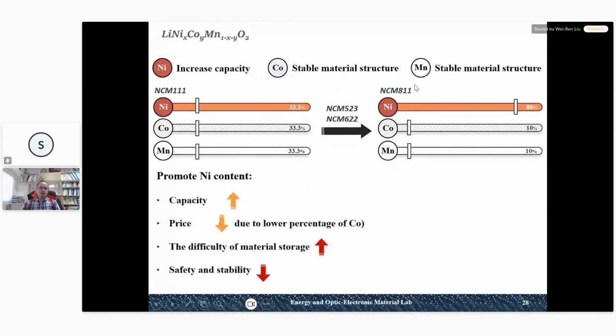So a high nickel content gives a very high capacity and a low price, but it's difficult to store the material, and the safety and the cycle stability will be very poor.